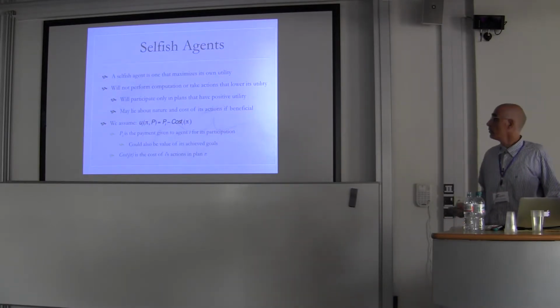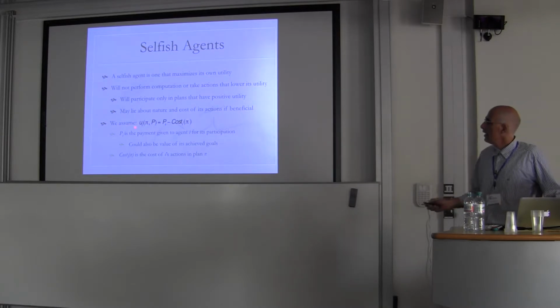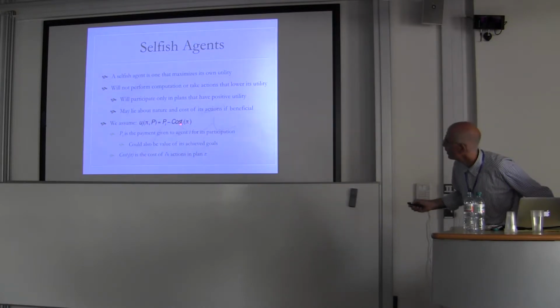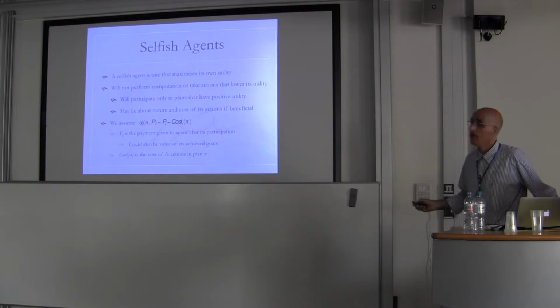We're going to assume that the utility of the agent is basically some payment it receives. You can think of the payment here as payment given to it, or the value of the goals that it achieves, minus the cost of its actions. Okay? So cost_i of pi is the cost of i's action in plan pi.